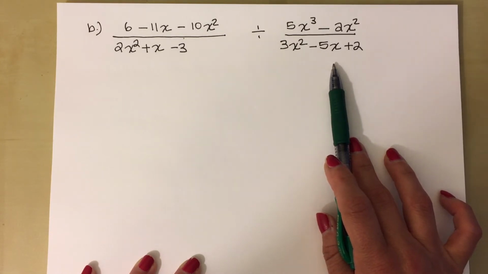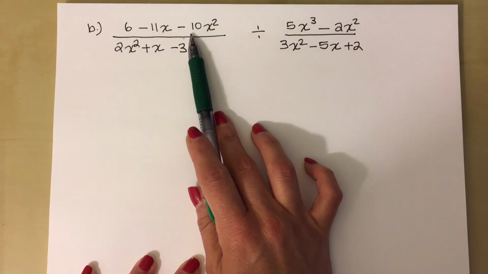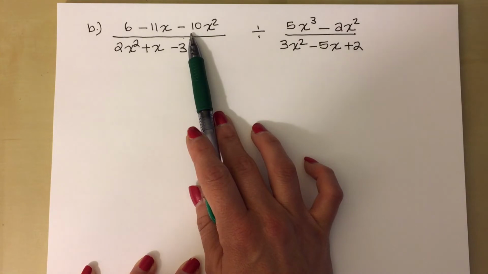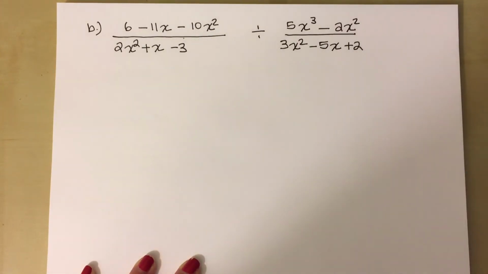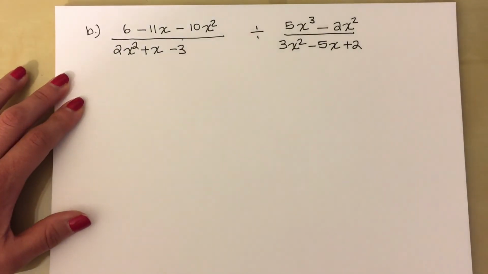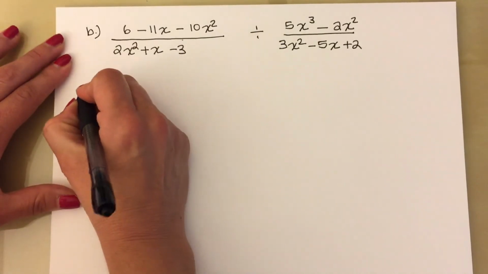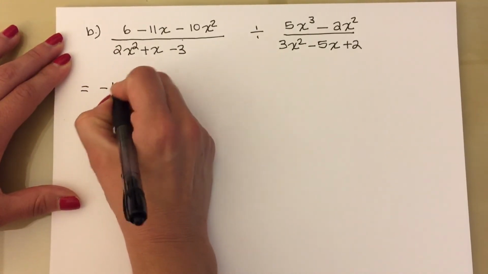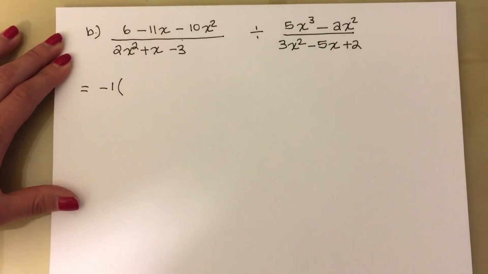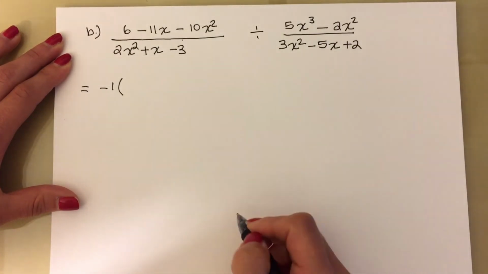Also notice that the numerator is written backwards, so we should factor out a -1. That will probably help us when we reduce later. So let's factor out -1 first. And remember, when you factor out -1, it changes all the signs.